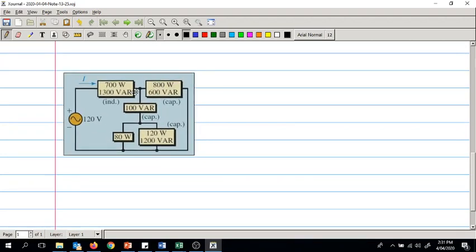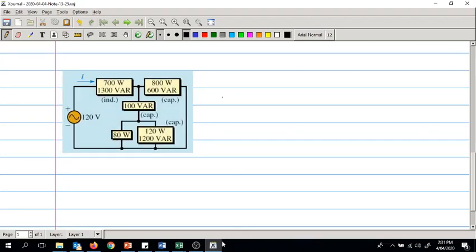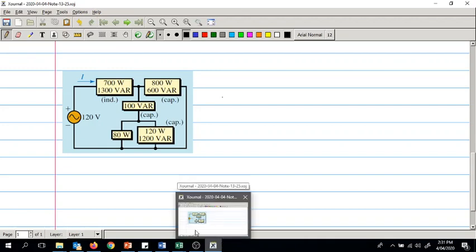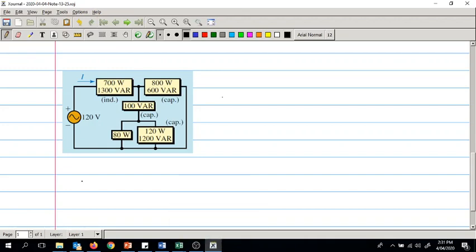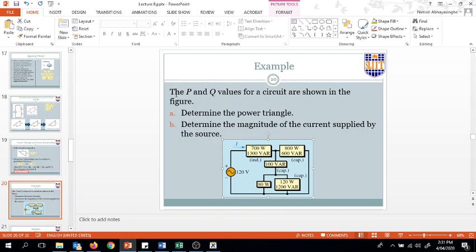We have several components in here, but don't worry, because what we said was PT and QT can be calculated easily, right? So what does this question say? The P and Q values of a circuit are shown in the figure. Determine the power triangle, and determine the magnitude of the current supplied by the source.